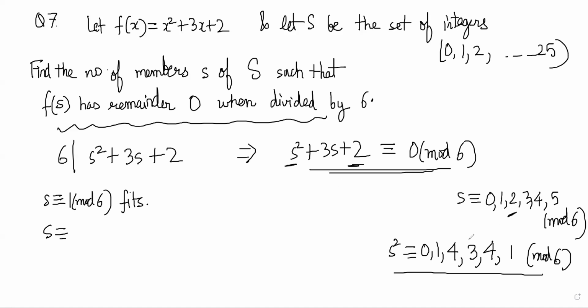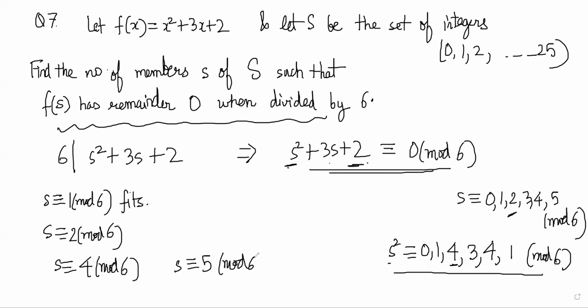If s is 2 mod 6, then s square is basically 4. So 4 plus 6 plus 2, which is 12, which is also fitting. So 2 mod 6 also works. Similarly, you can check that s is 4 mod 6 and s is 5 mod 6 also work.